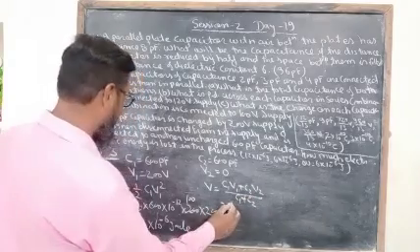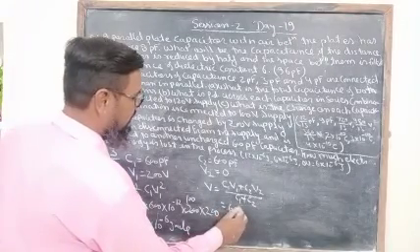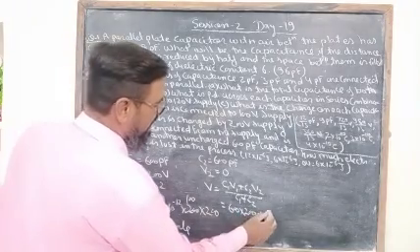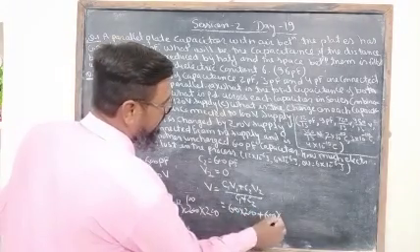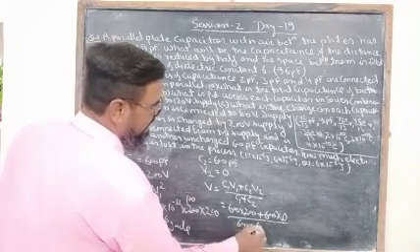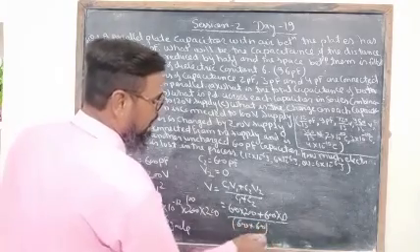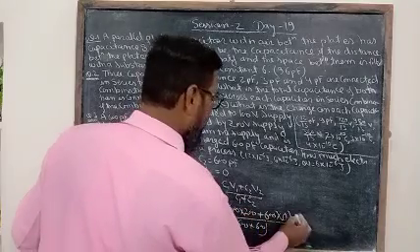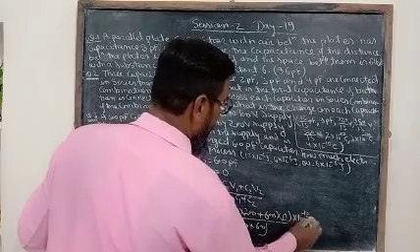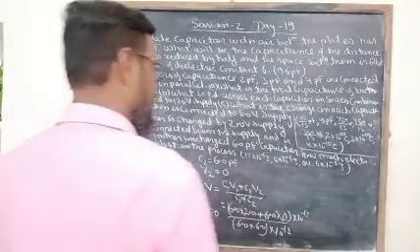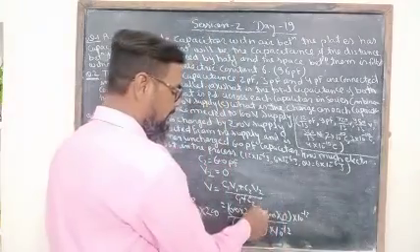The value of C1 is 600 into V1 is 200, plus 600 into V2 is 0, upon 600 plus 600, with 10 raised to the power minus 12 in each. So the second term is 0.